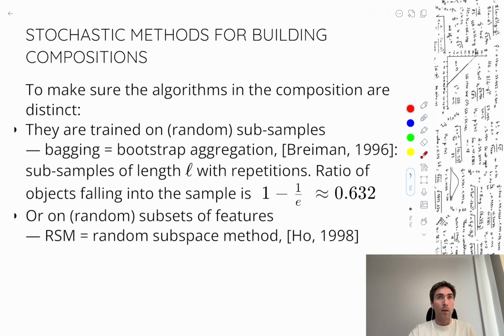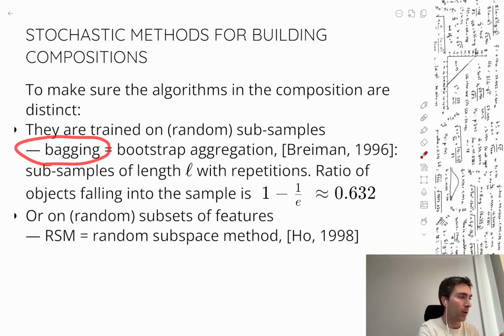So we actually have two general ways. The first way is called bagging, or bootstrap aggregation, so B from bootstrap and agg from aggregation.